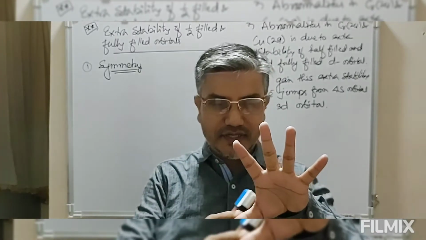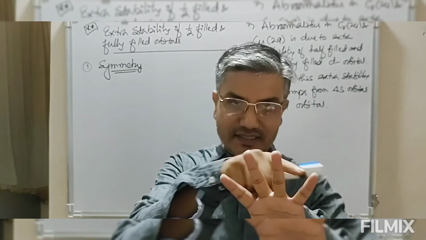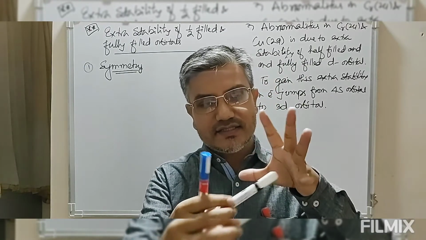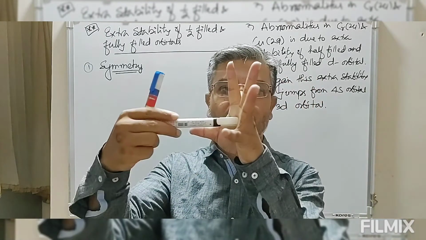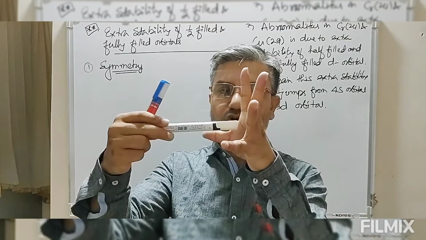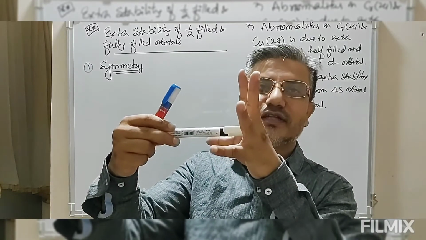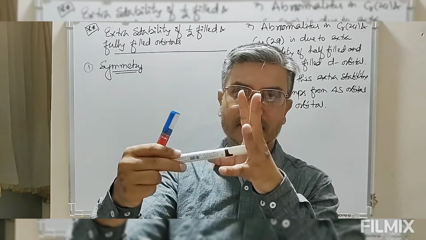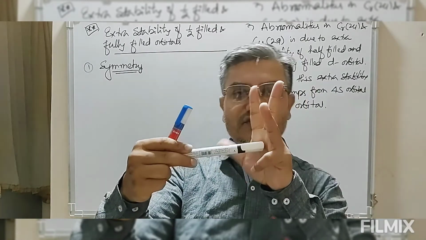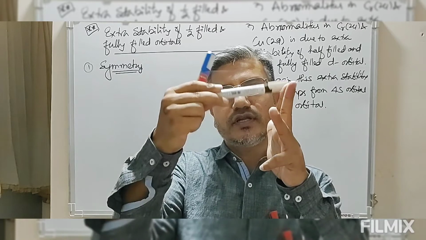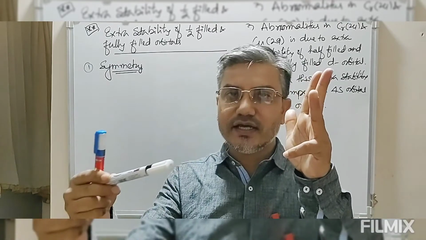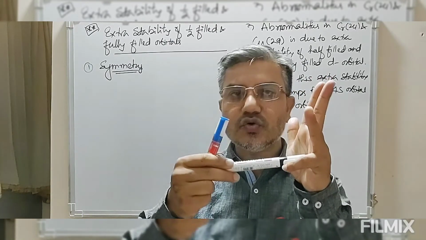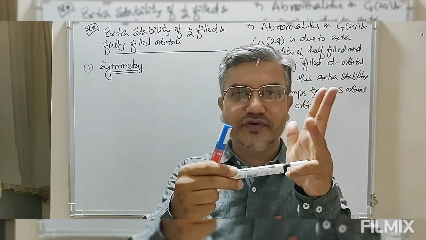If electrons are placed singly in all these 5 orbitals, then there is a symmetrical distribution of electron negative field. Because of this, the half filled shell gains extra stability. If one of the d orbitals does not have an electron, in that direction there is no electron, so there is no symmetrical distribution.